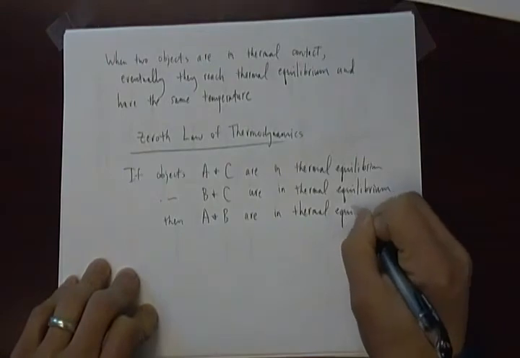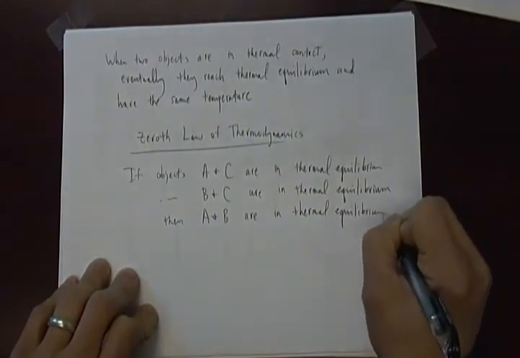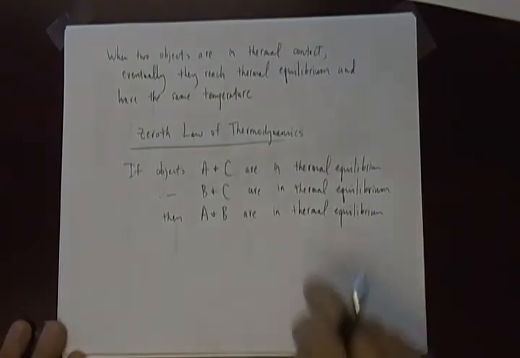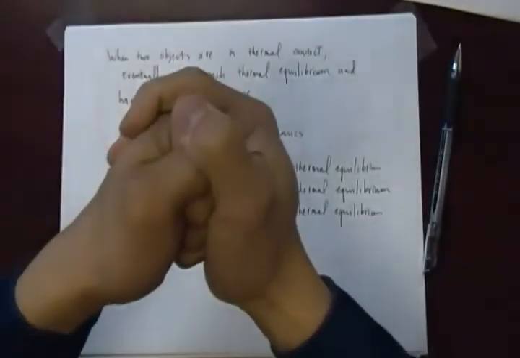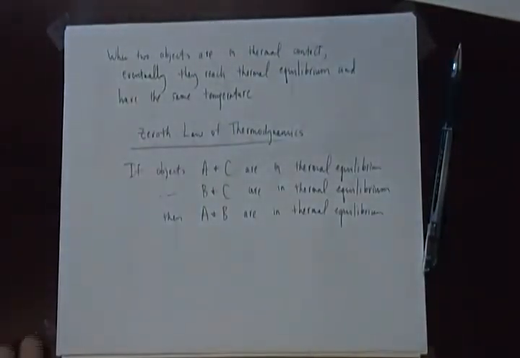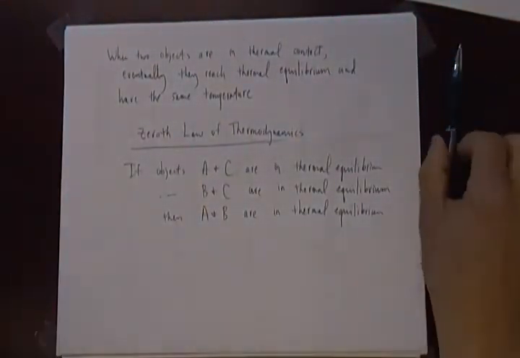I know you're thinking that's kind of straightforward. If A and C are equal, B and C are equal, then A and B are equal too. That's essentially all it's saying: if A and C are in thermal contact and have reached equilibrium, and B and C are in contact and reach thermal equilibrium, then A and B are also in thermal equilibrium with each other.